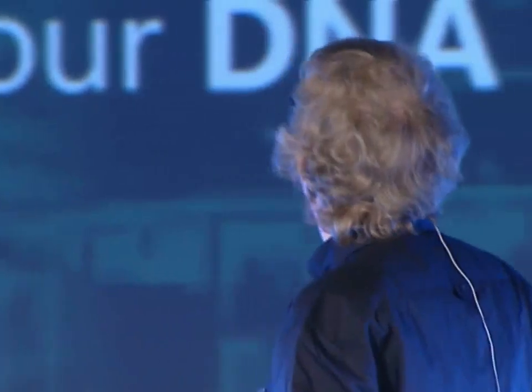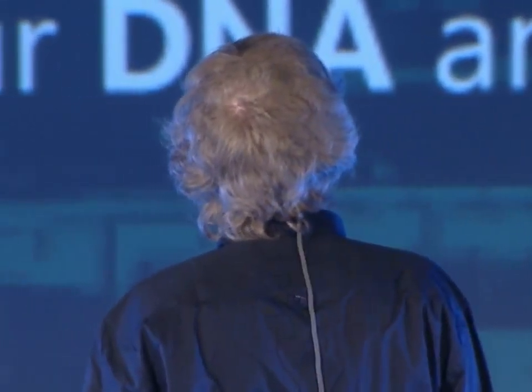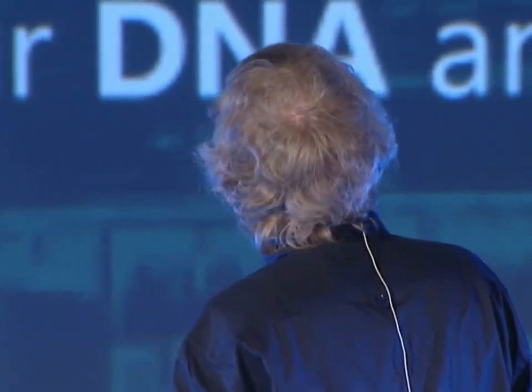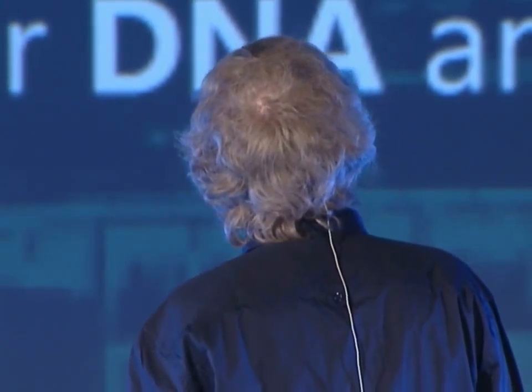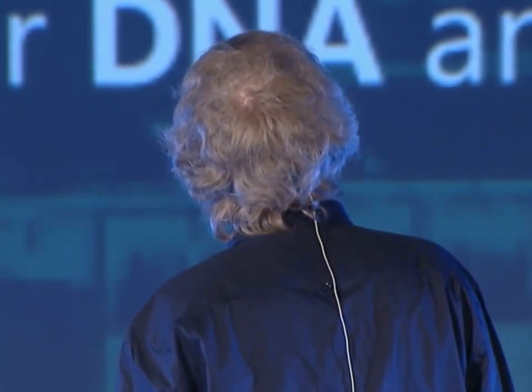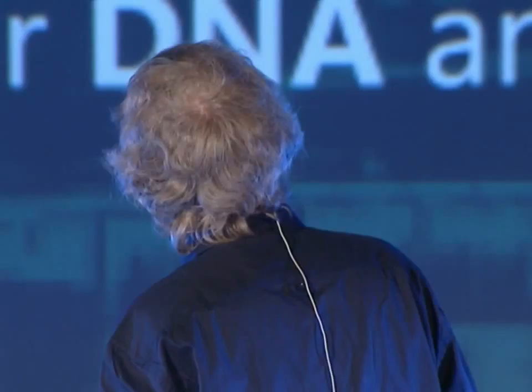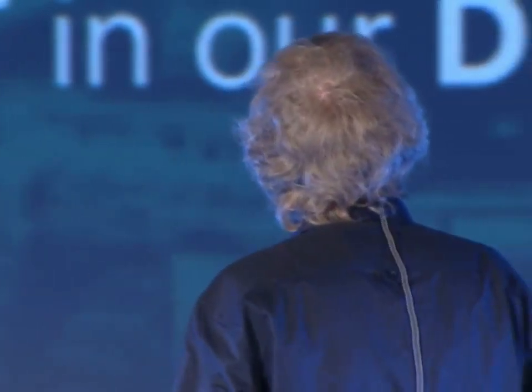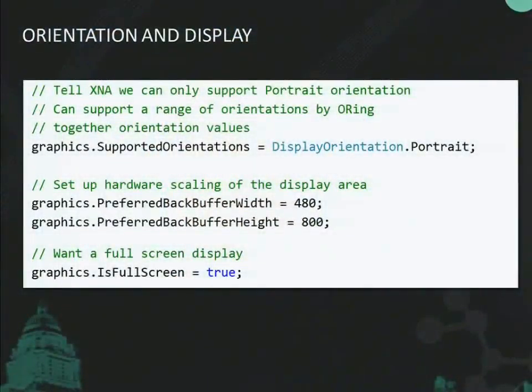What I've got here is the sample code that tells the hardware, effectively, I want you to work in portrait, please, and I can do this scaling operation where I can specify the size, height, and width of the screen. And the final thing I'll do is I'll say, okay, I'd like you to be full screen as well, please.